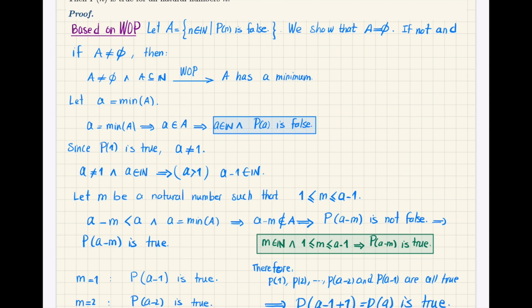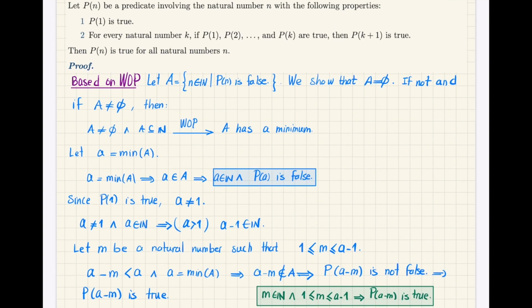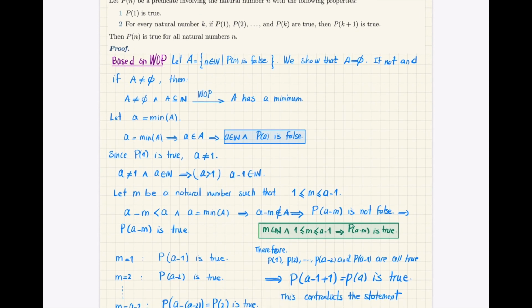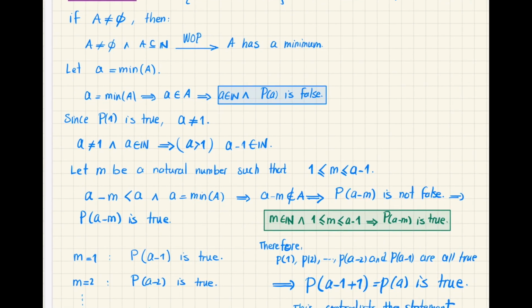So it means that for all possible choices of n from the set of natural numbers, P of n is actually a true statement. So this is one proof of this strong principle of mathematical induction based on WOP. And you see that there are just minor changes from the proof that we presented for the principle of mathematical induction itself. Okay?